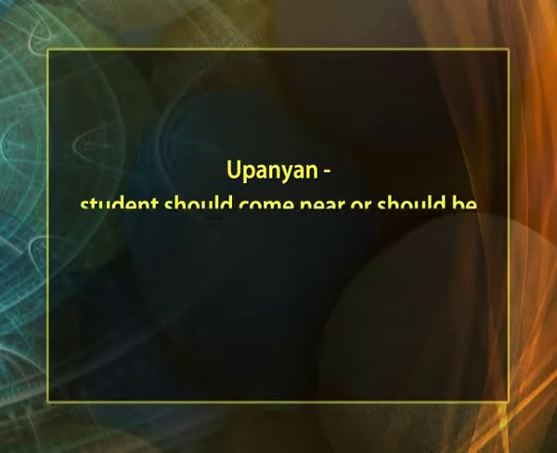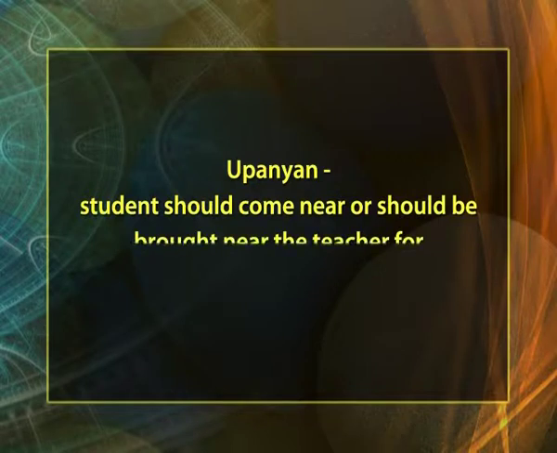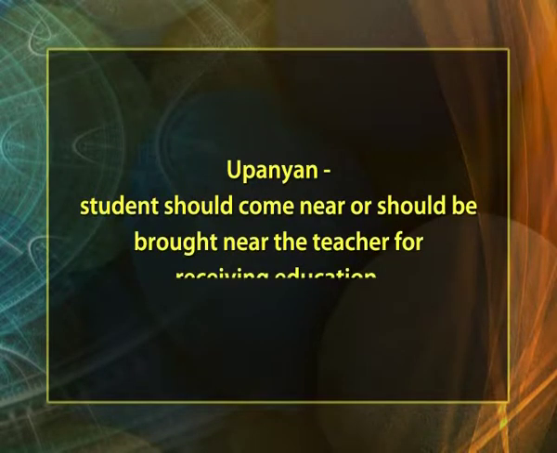In the context of education, this word meant that the student should come near or should be brought near the teacher for receiving education. In the post-Vedic period, this ceremony became so important that it was usually regarded as the second birth of an individual.